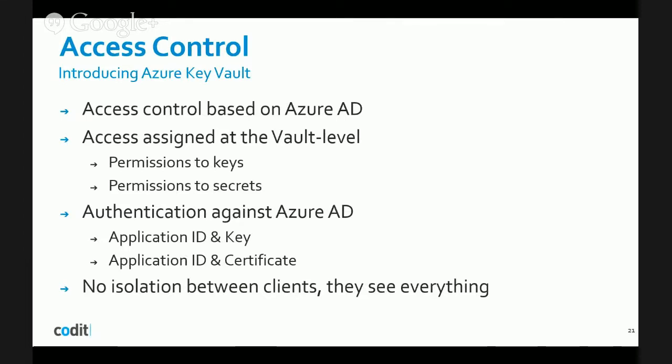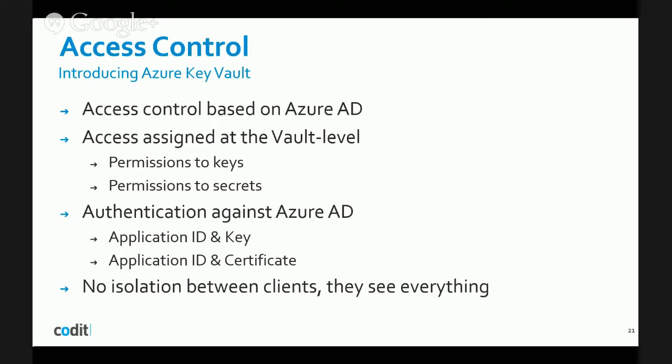If you have 2 SaaS applications and you need to store 2 different types of data, let's say I have Twilio and storage, and another SaaS application needs access to my service bus, my application will be able to see those service bus secrets, because I can't say application A can read A and B, but not C. So you need to create a new vault for a new SaaS application, if you really want isolation between the 2 parties.